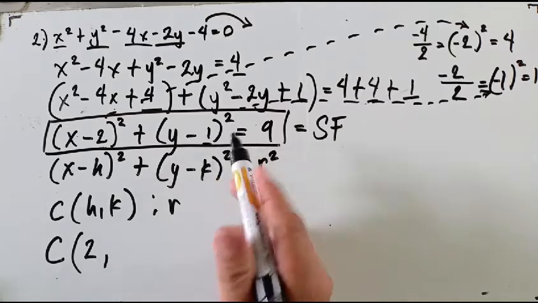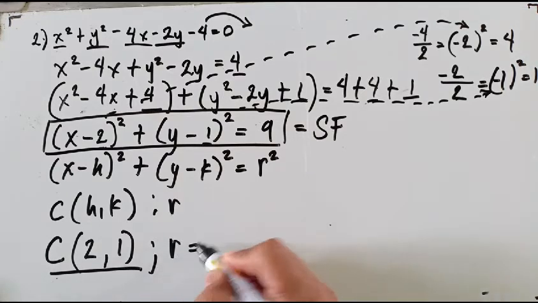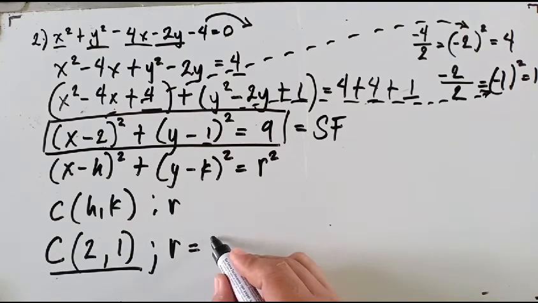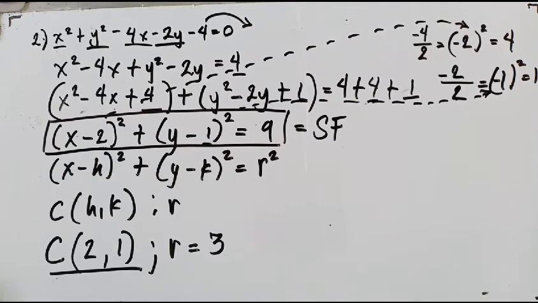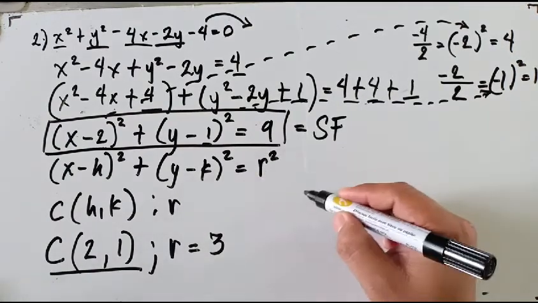How about k? That's 1. So we have a circle with center at (2, 1), and a radius which is equal to, what do you think is the radius? It's positive 3. Not 9, because that's the r squared.